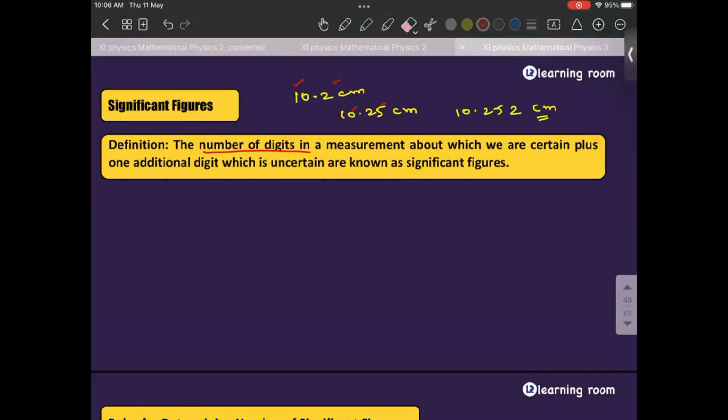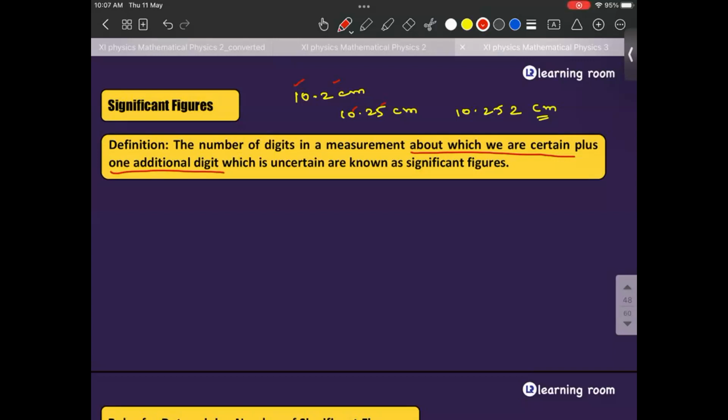So if you look at how to measure the number of significant figures, we talk about the number of digits in that measurement which helps us make a decision. The number of digits in a measurement about which we are certain, plus one additional digit about which we are uncertain.